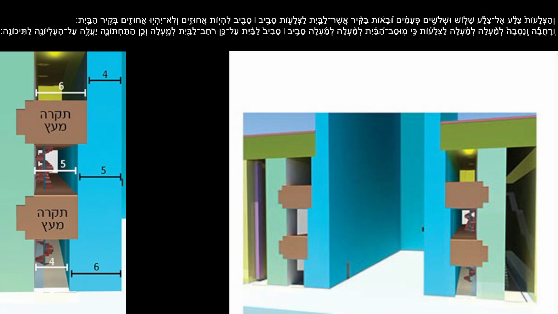Some of the cells went around the house. The widest part of the cell structure was on top. As we said, 6 amos.